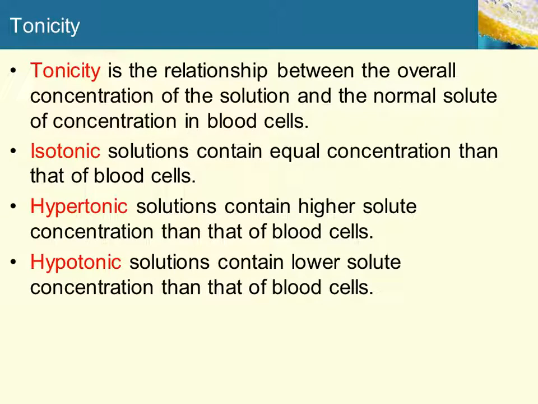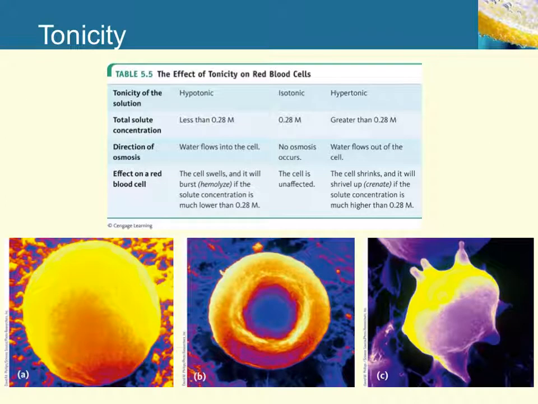And let's look at this in relation to blood itself and what happens. So if I have a solution that is hypotonic, that means that the solute concentration is less than 0.28 molar, which means that water will flow into the cell. And as water flows into the cell, it will swell and it can burst, or hemolyze.